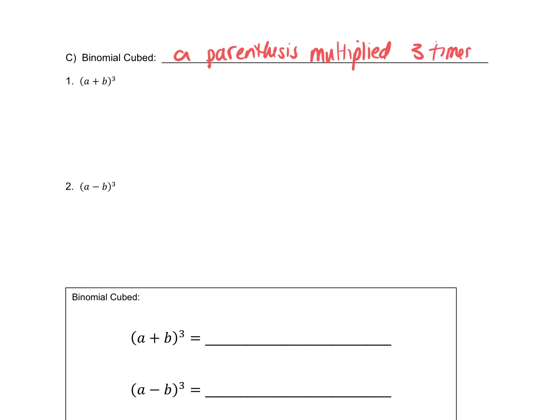So just like the other one, the very first thing you're going to do is rewrite this. A plus B, A plus B, A plus B. Now, it doesn't matter if you multiply the first 2 first or the last 2 first. It's the same answer because they're the exact same. So we're going to do that.